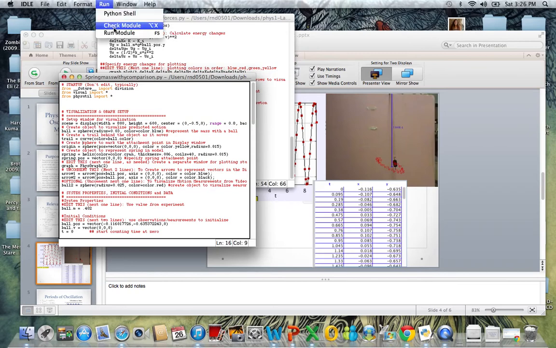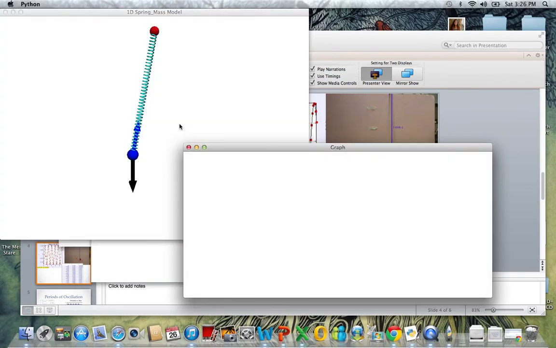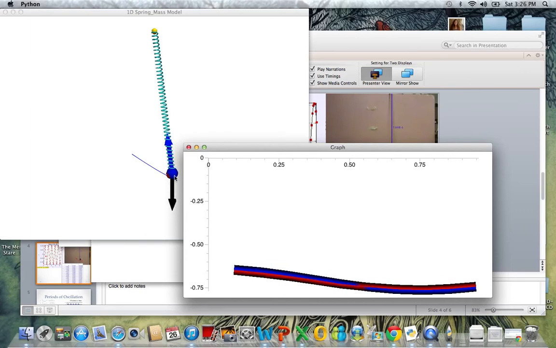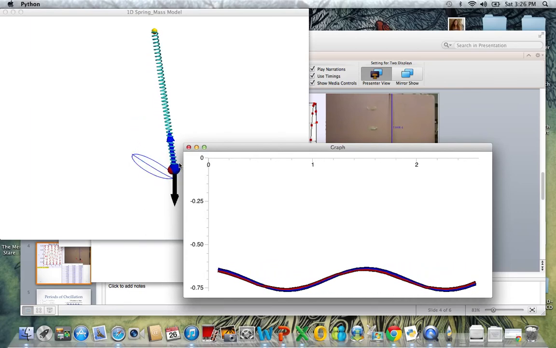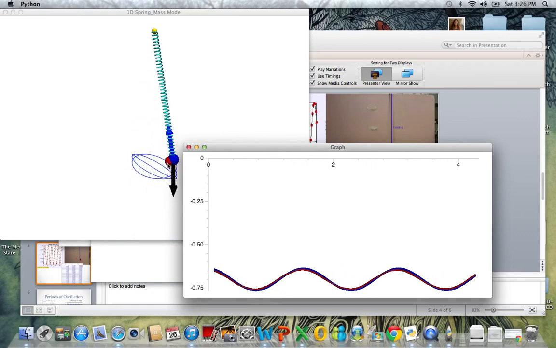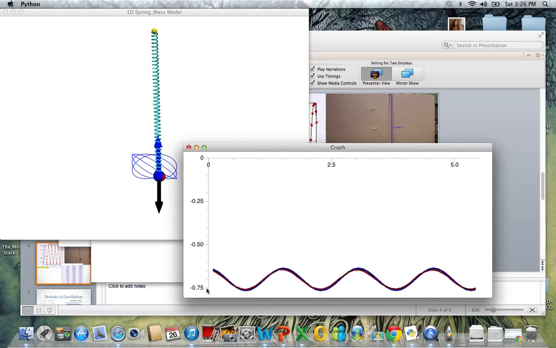So here we got, which you can see the red and blue. The red is our experimental and the blue is our calculated. They stay pretty similar. The red one jumps a little bit and is a tiny bit off at certain points, like right here. But overall, they're pretty similar, as you can see from this graph.